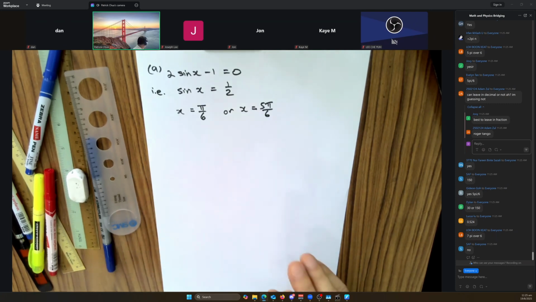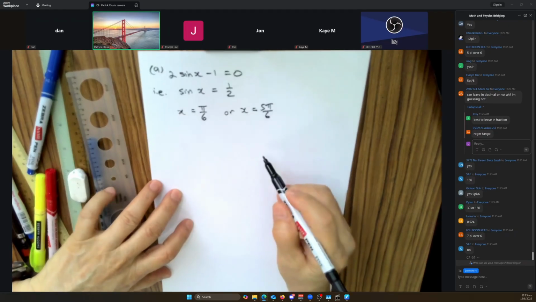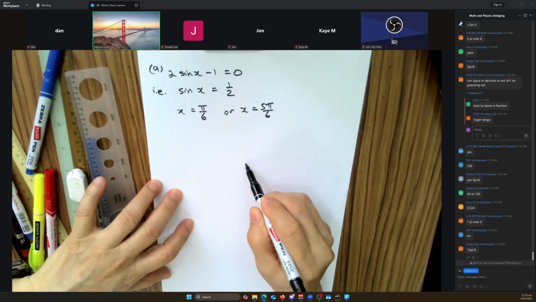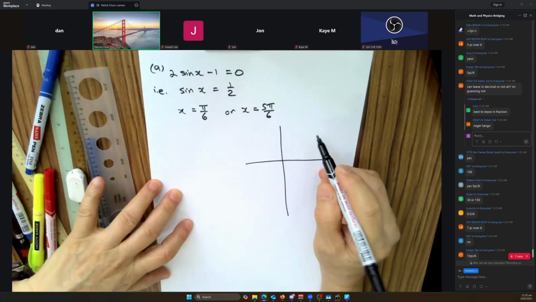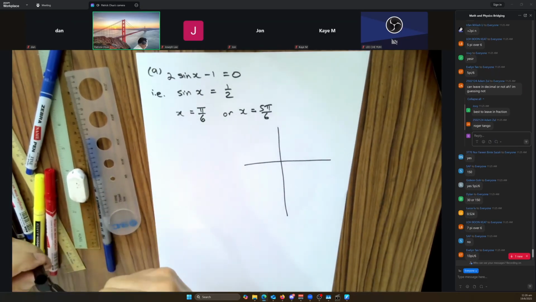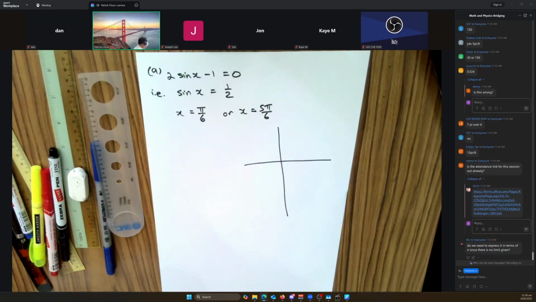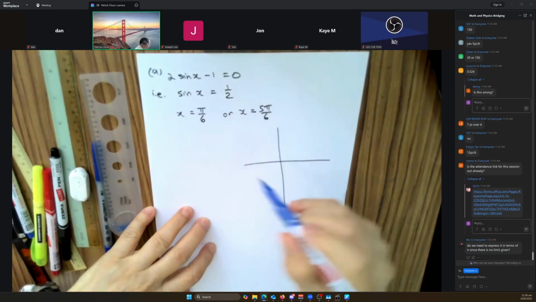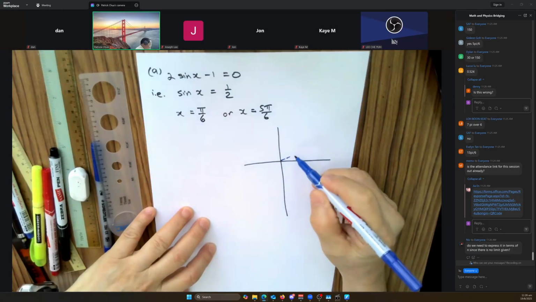Very interesting. Let's draw the quadrants again. Pi over 6 is 30 degrees, measured up from the positive x-axis.